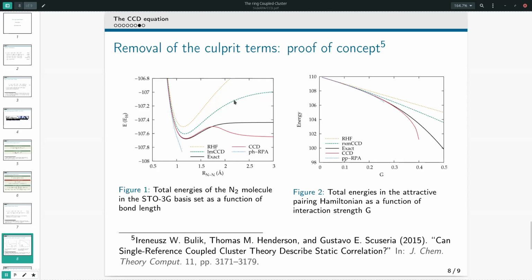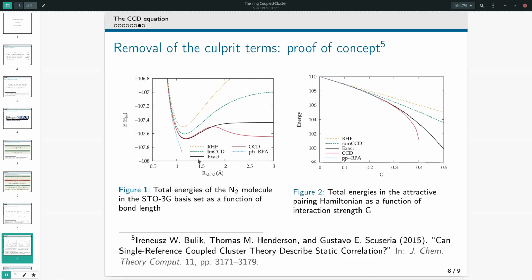On the left, this is the dissociation of the nitrogen molecule in the STO-3G basis set, a minimal basis set. We can see that coupled cluster doubles fails to describe the dissociation, and the particle-hole RPA is really bad at every bond length.